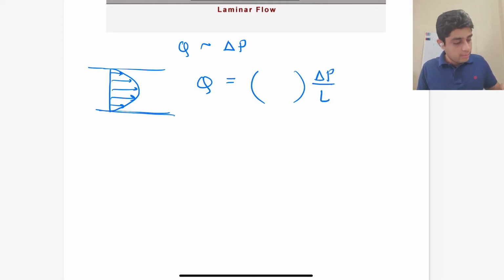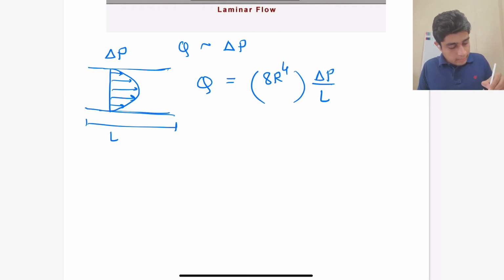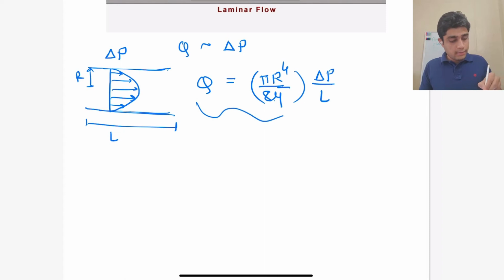So let's say we have a tube of length L, and you are applying a pressure difference delta P across this length L, then the flow rate is given by this formula. R is the radius of the tube. As you can see, this is a linear relation, and it is more sensitive to pressure, and we can also find the flow rate accurately for even smaller pressure differences.